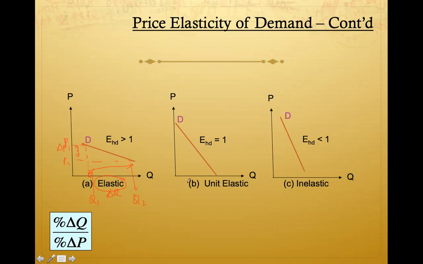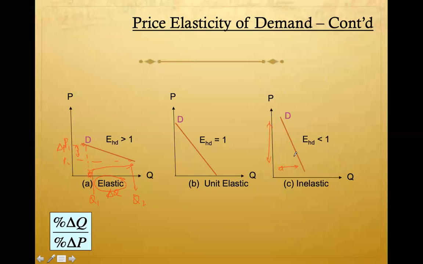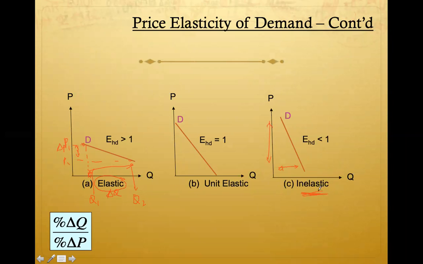On the other hand, if the price changes a lot but the quantity only changes a little, this is called inelastic. The quantity demanded is inelastic with respect to price. An example is salt. Every meal sometimes needs salt to make it tastier.